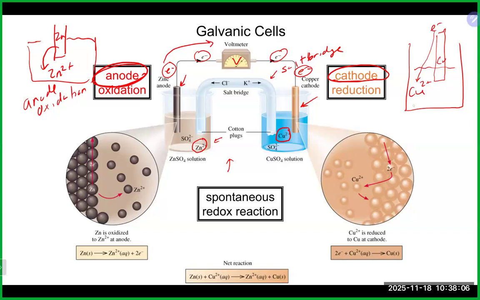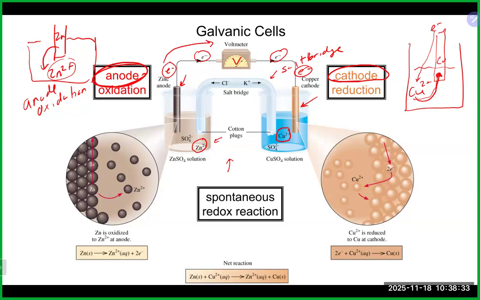It will reduce the copper, and the copper will get out of the pool, basically, and go over there to the solid. So on this side, we have the oxidation where it jumps into the pool, and on this side, it gets out of the swimming pool and becomes solid. This process continues. Obviously, those electrons that go out through the wire can be used to do some type of work and provide a voltage.